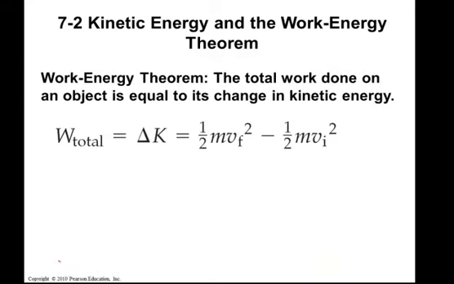Now, the work kinetic energy theorem relates work and kinetic energy. That's why it's called the work kinetic energy theorem. It says the total work done is equal to the change in kinetic energy. So my total work is equal to delta, change in kinetic energy, and kinetic energy is 1/2 mv squared.